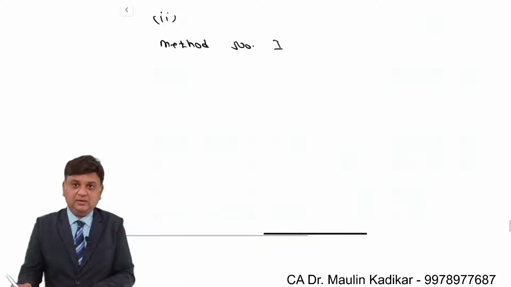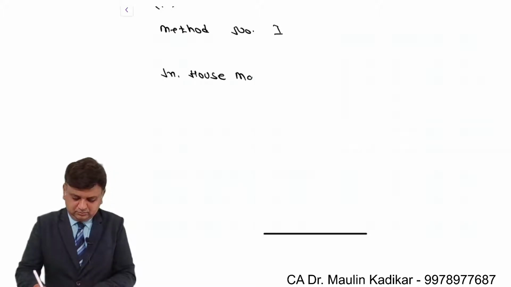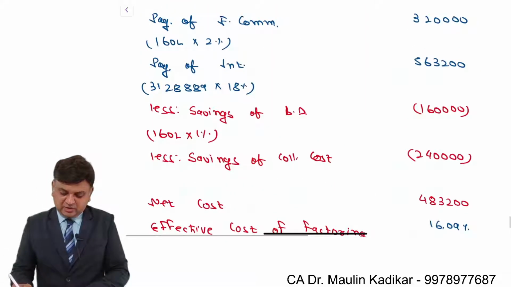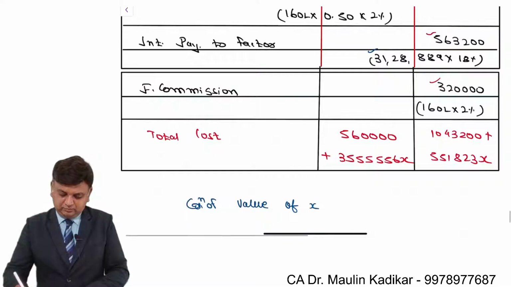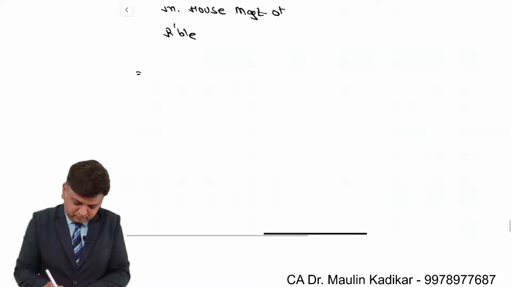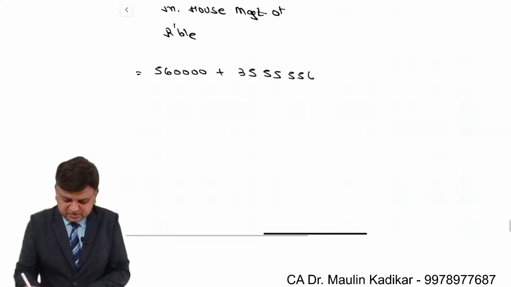Method number 1. In that, what you can do: in-house management of the receivable. In that we understand that in-house management of the receivable has cost of 5,60,000 plus 35,55,556 into 14%.